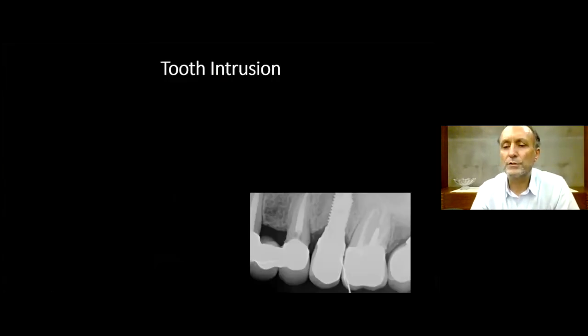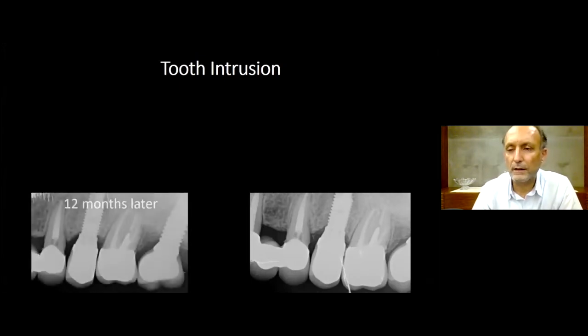The tooth intrusion that we mentioned happens also in the molars. This is a tooth that is squeezed between two implants. This implant was placed at a certain time, much later than the implant in the posterior area. And for a complete year, the patient was complaining of tenderness in this area.